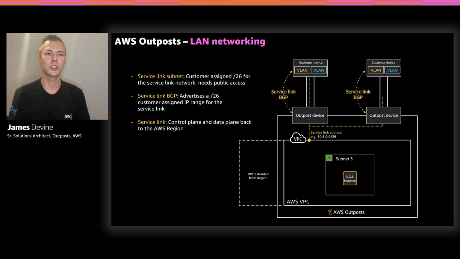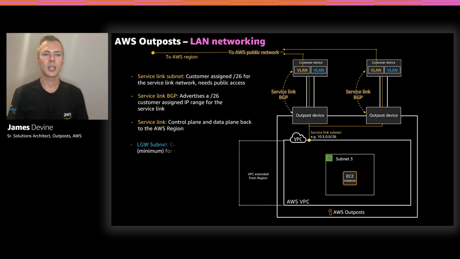All of the control plane traffic will originate from that subnet out to the region. We do a VPN tunnel, so all of that traffic is encrypted when it goes back to the region, and that's typically over public IP addresses to the regional endpoints. We then have a local gateway subnet. If you're using the customer-owned IP option, that'll be at least a /26 that you provide.